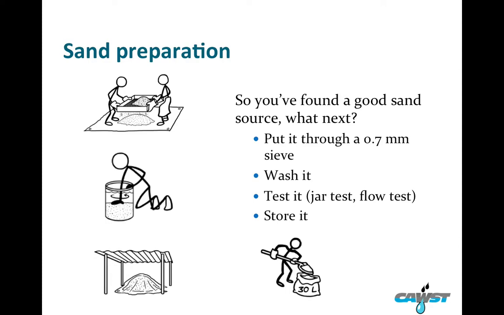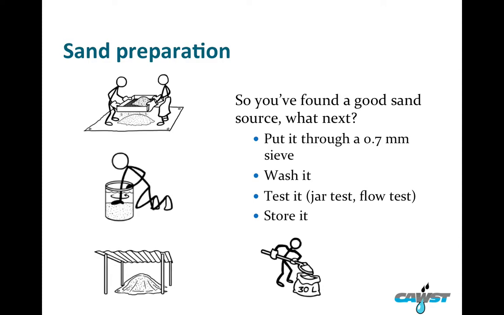Now, you next would wash the sand. To do this, you put some sieved filtration sand into a bucket. This is the sand that's gone through the 0.7 millimeter screen. Fill the bucket half full of clear water. Swirl the sand around using your hand or a clean stick or spoon. And dump the water out of the bucket, holding back the sand with your hand so it doesn't fall out.